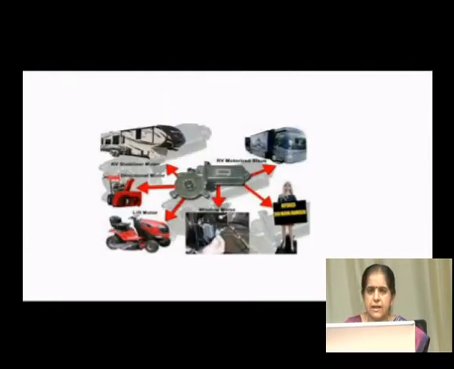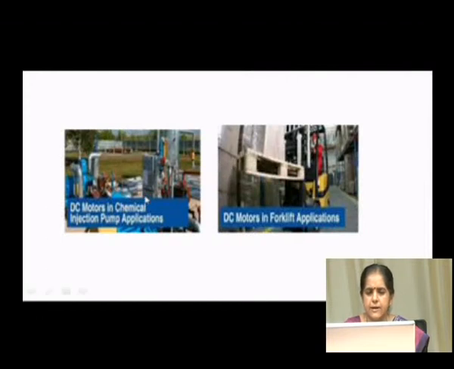This slide will show you the different applications of the DC motor. It is used in tramways and buses, and it is also used in vehicles. This diagram shows the DC motors in lift applications. This diagram shows the DC motors in chemical injection pump applications.